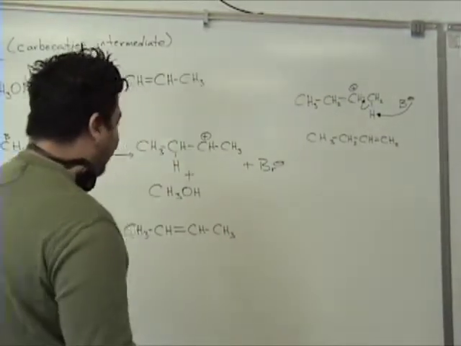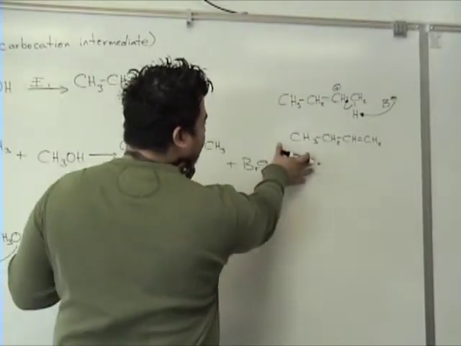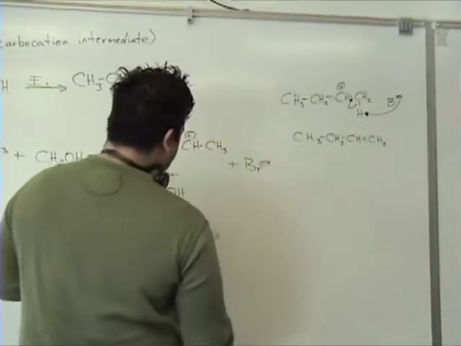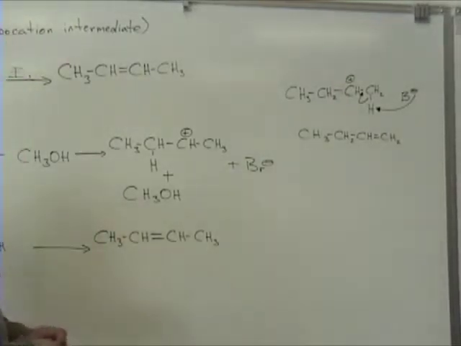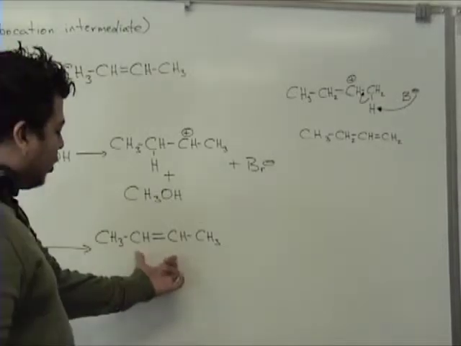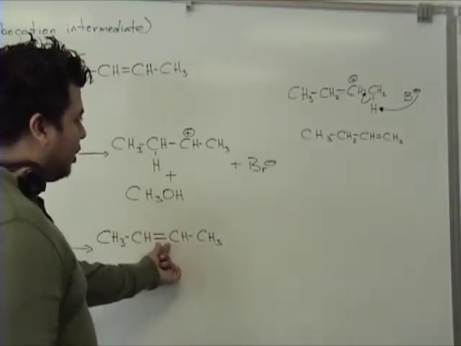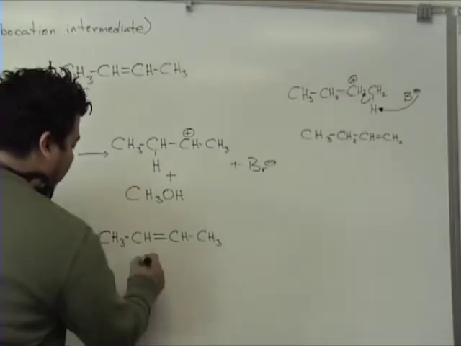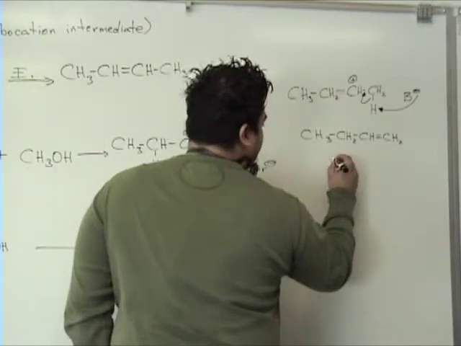So now we get 2 products. We get this one right here, and we get this one right here. And if we notice the stability of alkenes, this one is a more substituted alkene. It's a more substituted double bond. So this one will be more stable. So this one will be your major product. And this one will be your minor product.